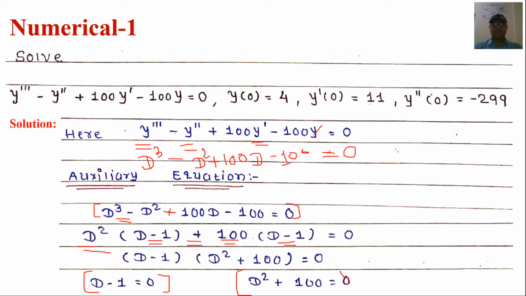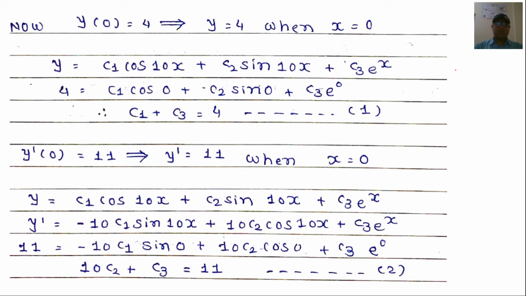Now in this differential equation three conditions are given. This is the first condition, this is the second condition and the third condition. By using these three conditions we have to find the values of the arbitrary constants c1, c2 and c3. Now the first condition is y of 0 is equal to 4. It means y is equal to 4 when x is equal to 0. So we have y is equal to c1 cos 10x plus c2 sin 10x plus c3 e raised to x.